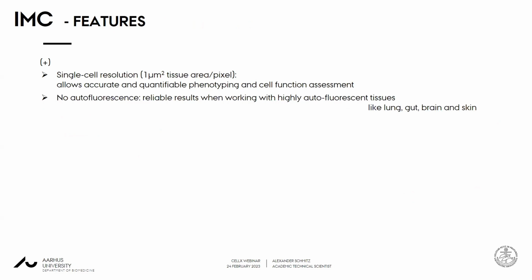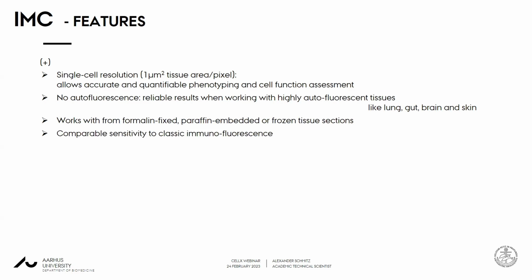There is no autofluorescence when using mass cytometry compared to immunofluorescence, which means you can get reliable results when working with highly autofluorescent tissues like lung, gut, brain, and skin. It works well with formalin-fixed, paraffin-embedded, and frozen tissue sections. And the sensitivity is comparable to that of a classic immunofluorescence system.